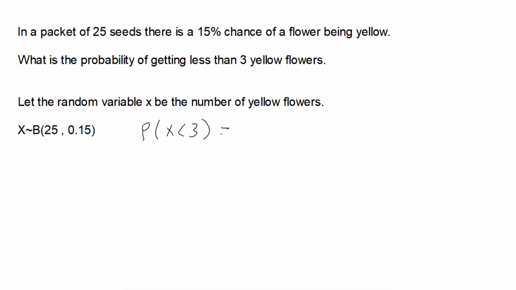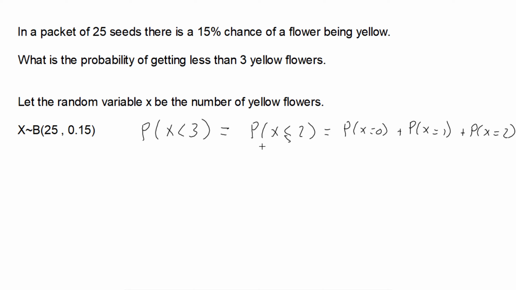I could rewrite this as the probability that X is less than or equal to 2. That is the probability that X equals 0 plus the probability that X equals 1 plus the probability that X equals 2.